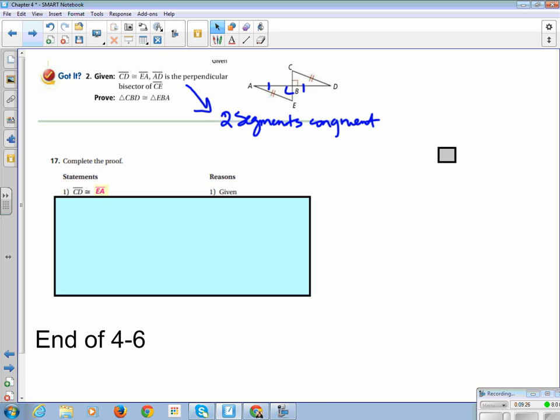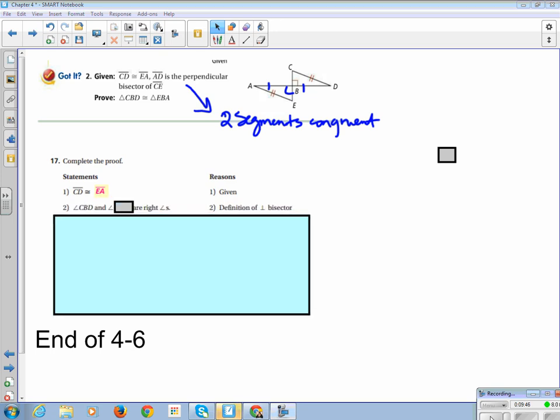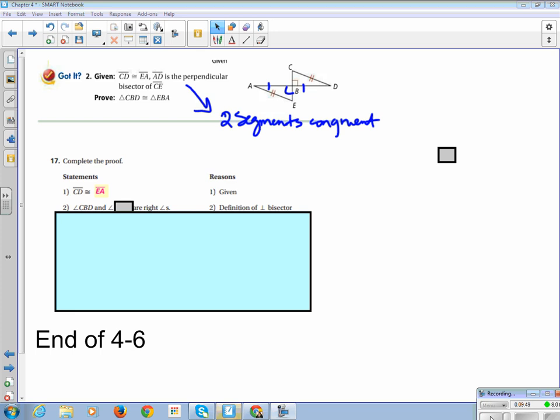What is our second bit of information? We're going to use our perpendicular bisector information to make our next statement.